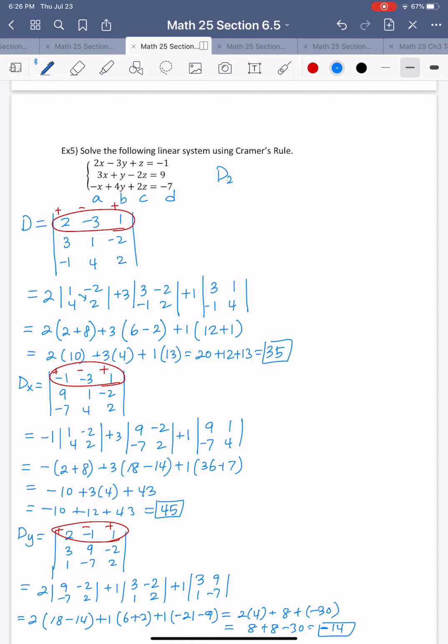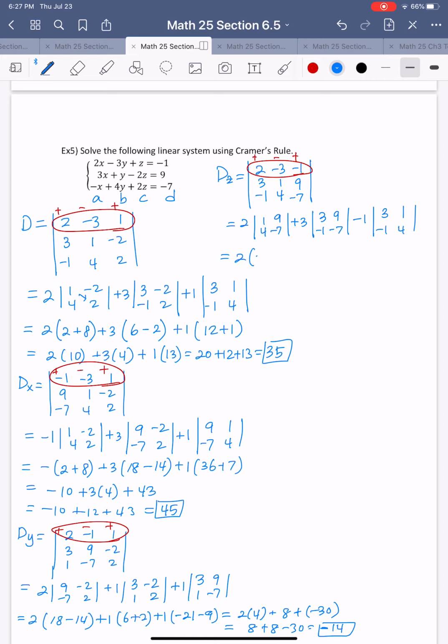Alright, this is D sub z. This D sub z I got 2, 3, negative 1, negative 3, 1, 4, and negative 1, 9, and negative 7. So I'm using the first row, positive, negative, positive. I get 2 of 1, 9, 4, negative 7, plus 3 of 3, 9, negative 1, negative 7, minus 1 of 3, 1, negative 1, and 4.